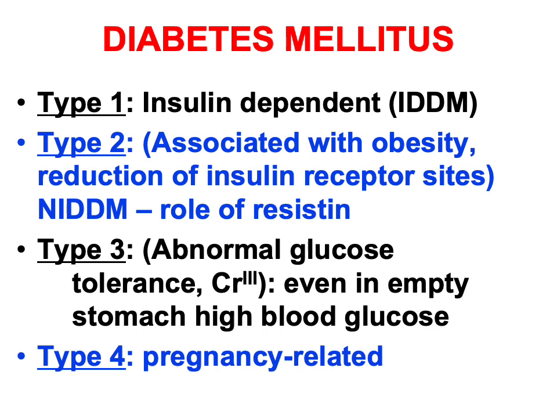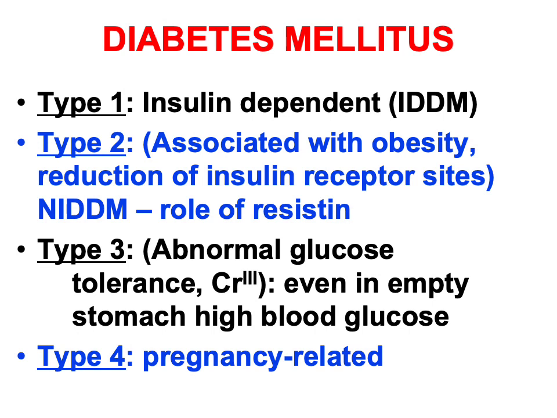Type 3 diabetes is not so frequent. This is an abnormal glucose tolerance. It means that even on an empty stomach the patient has a high blood glucose level.